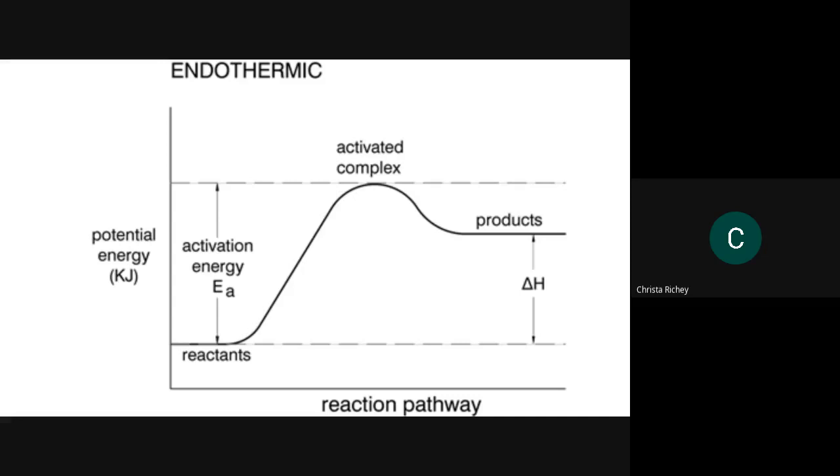If the downhill slope is larger than the uphill, then this is a negative value. If the uphill slope is greater, then this is positive, because you had to climb to get here. With this one, you had to fall from here to here, you went down, which is why it's negative.